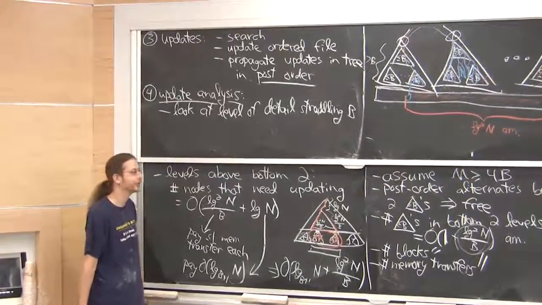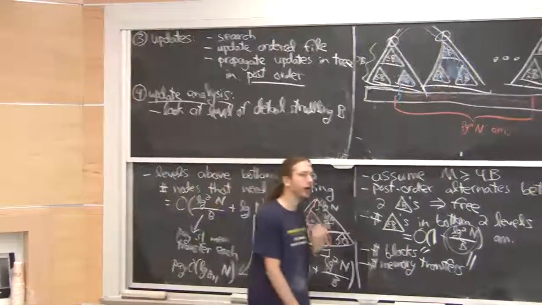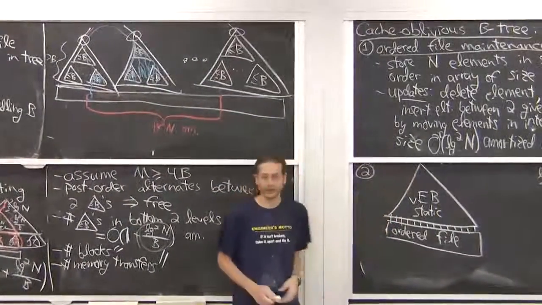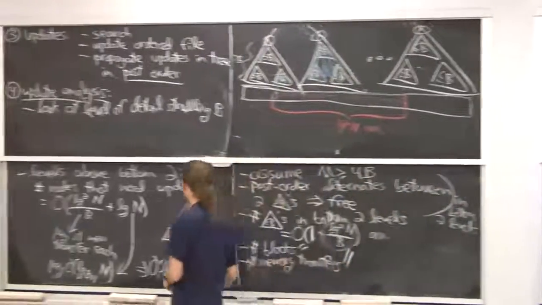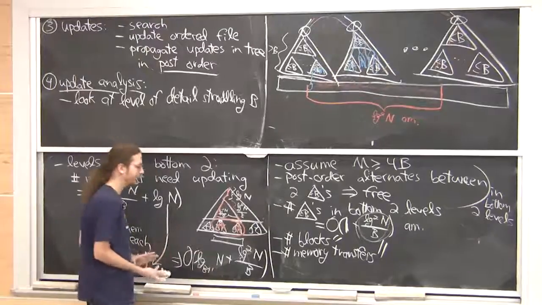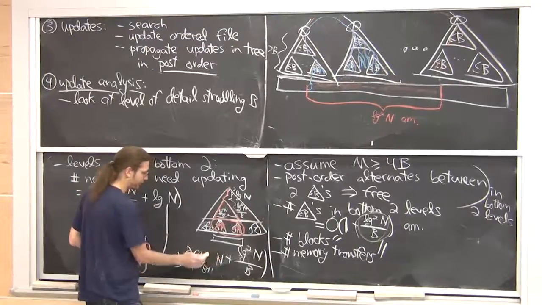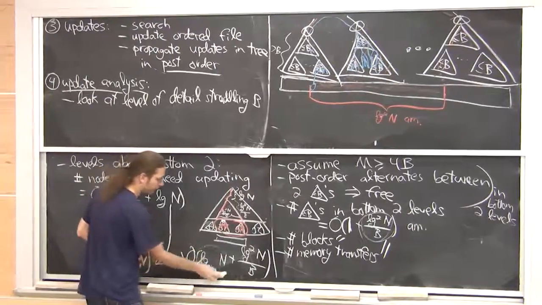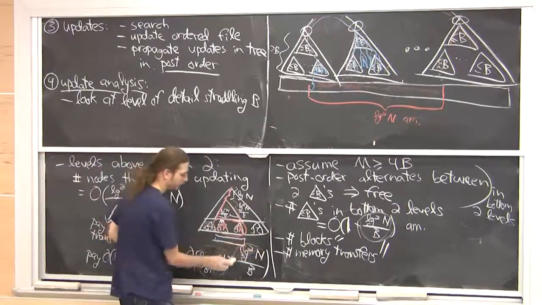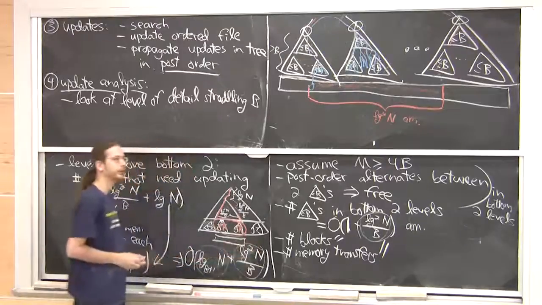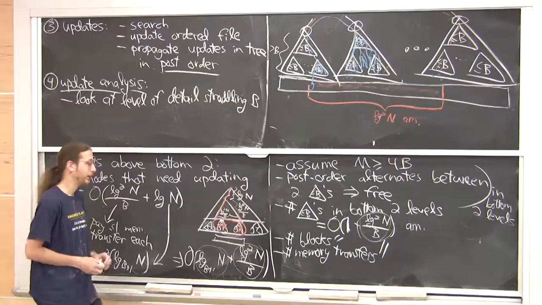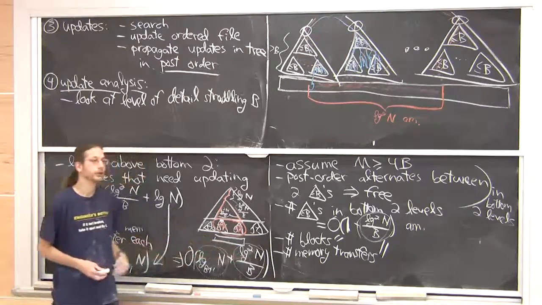But turns out we're almost there. So at this point, we have searches optimal, because searches are just searching through the van Emde Boas thing. That's log base b of n. Updates, not quite optimal. I mean, for not quite matching a B tree, I should say. This is not an optimal bound we're aiming for. We're just aiming for B trees. We'd want to get this bound, same as searching. But we have this extra term, which if b is small, for example, if b is log n, this term will be bigger than this one.